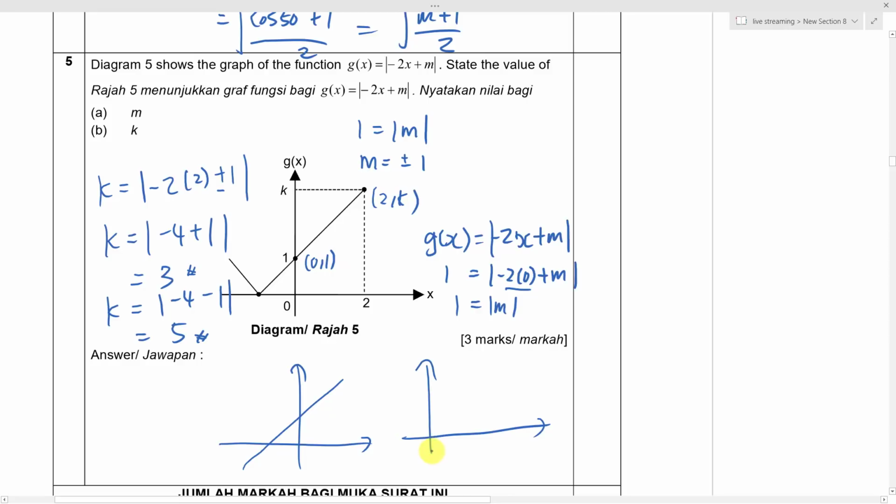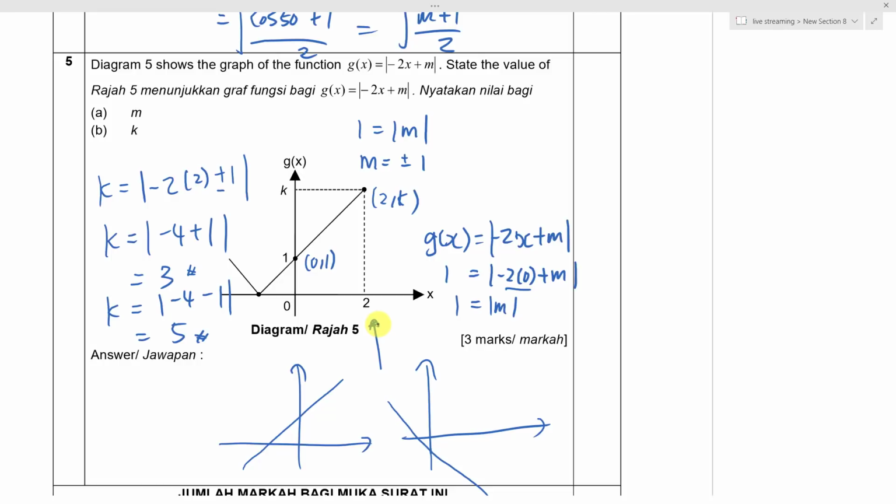Because after the reflection, both of these graphs will actually give you the same graph above there. So I guess m should be able to have both values, isn't it?